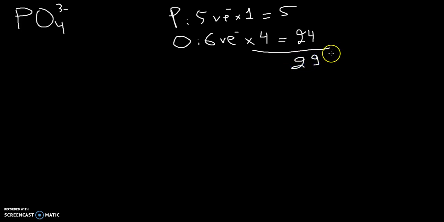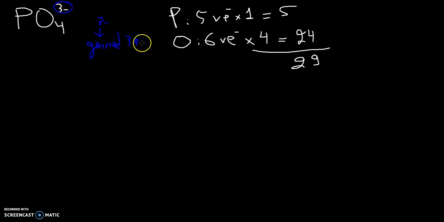29 total electrons. But in this case, pay attention, because it has a charge of 3-. Now what does 3- mean? It means that this polyatomic anion has gained 3 electrons.